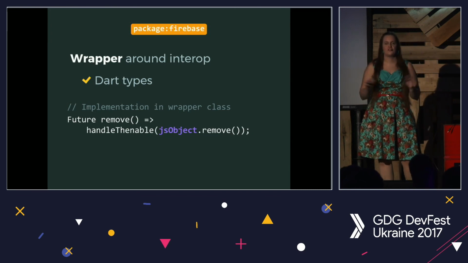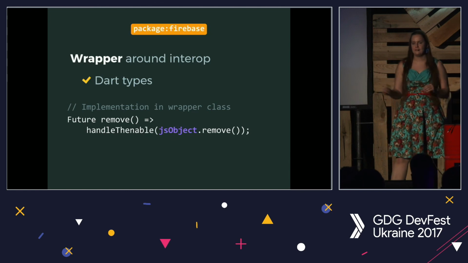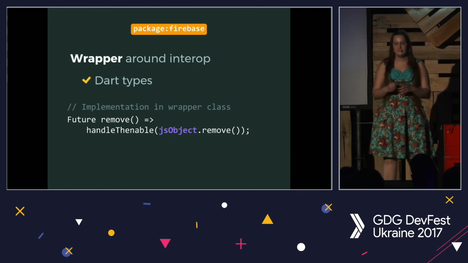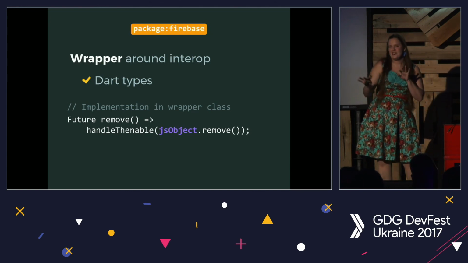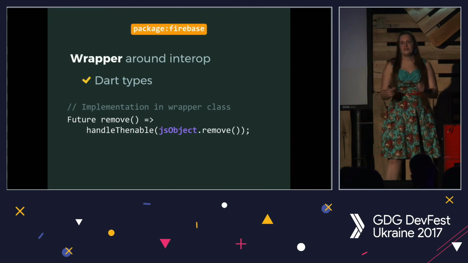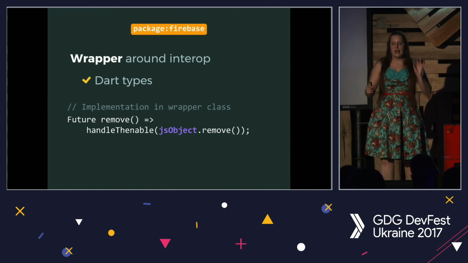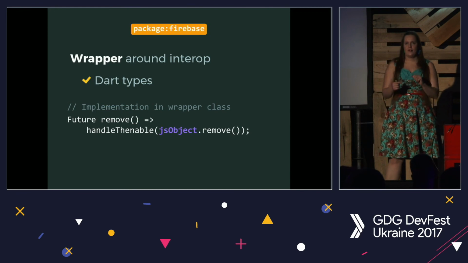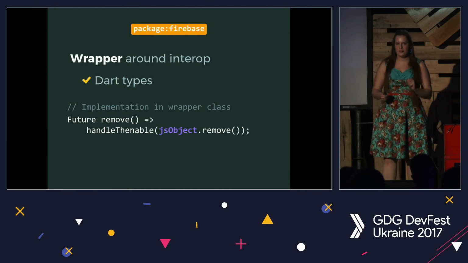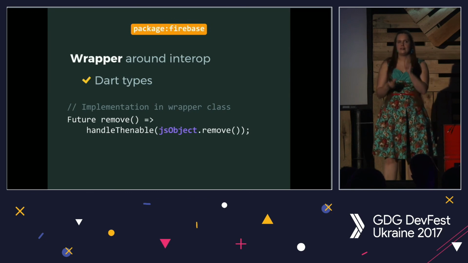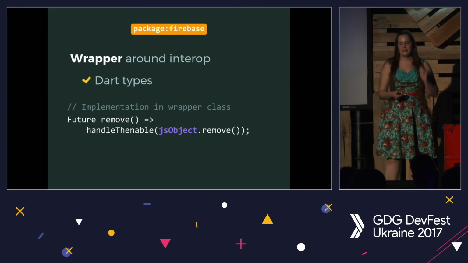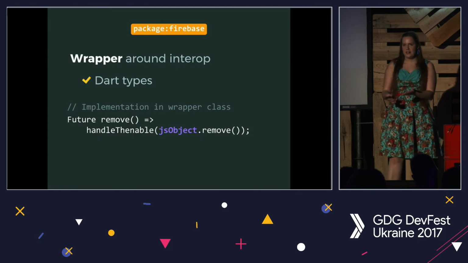This is a syntactic sugar in Dart for returning a value when a method only returns something. There is some magic, but you can see there is a JS object remove, because every class in this wrapper holds a reference to the JavaScript object, and I'm always calling the appropriate method on the JavaScript object, which is remove here.